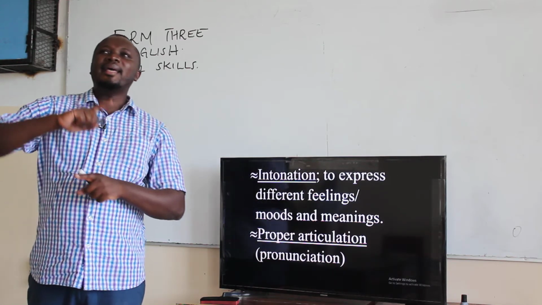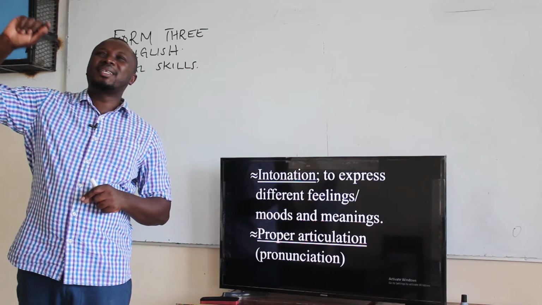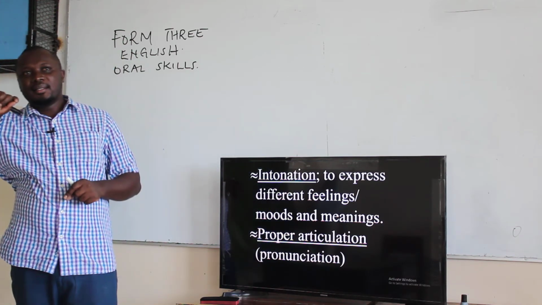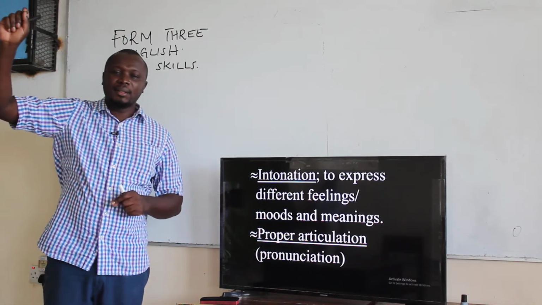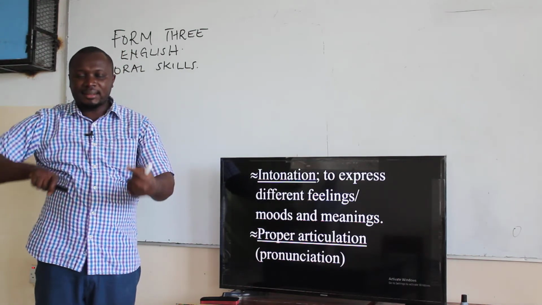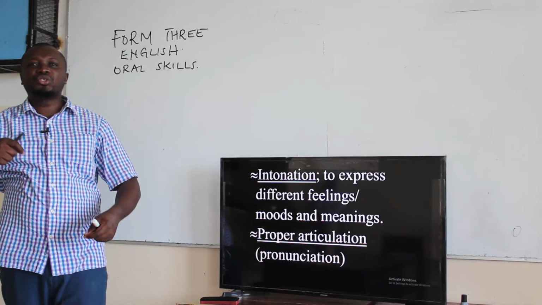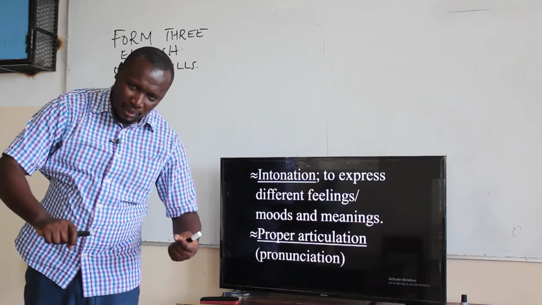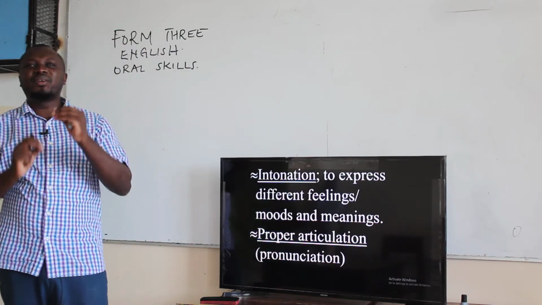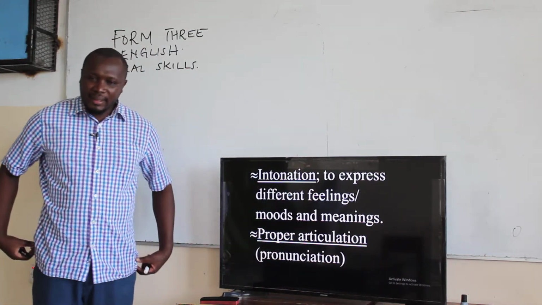High intonation can be used to express excitement. It can be used to express anger at some point. Low intonation can create a mood of sadness, a somber, melancholic mood. So intonation is a bit different from tonal variation.